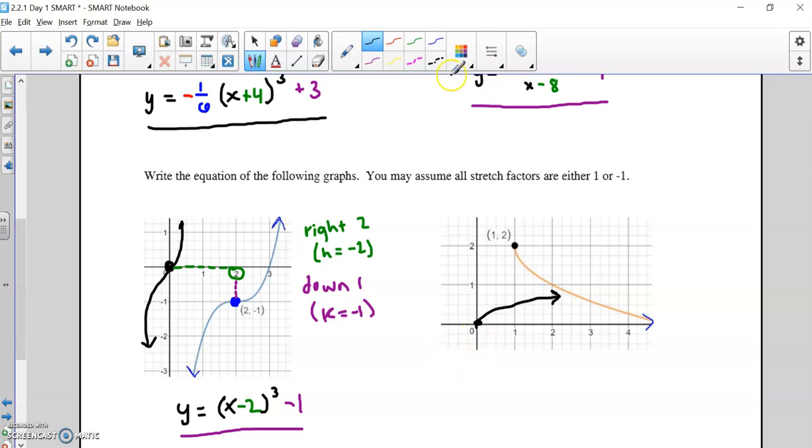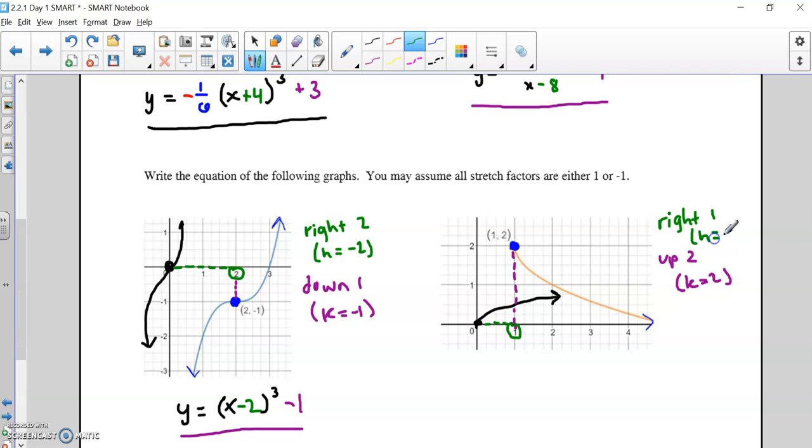All right, so you look at your original black one, and then you look at your new blue vertex, and you're like, where did it move? Well, it had to move to the right by 1, and it also had to move up by 2. Okay, so we have up 2, that gives us a k of 2, and we had right by 1.